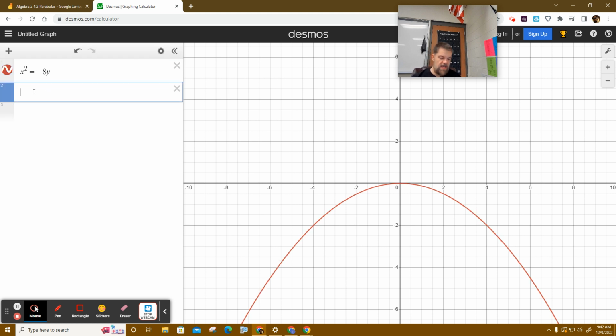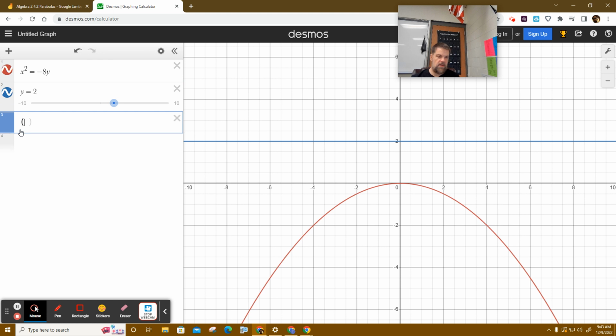We also said that the directrix was y equals 2, correct? We also said that the focus occurred at, what was the focus? What did they tell us? 0, -2, right? Okay.